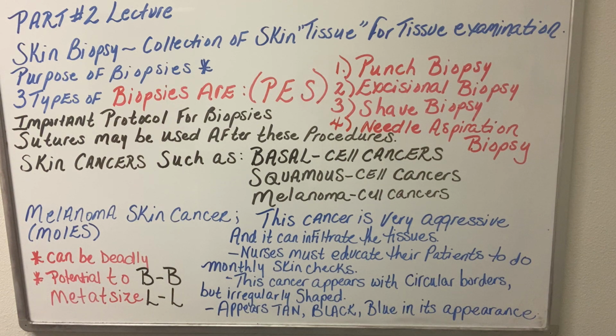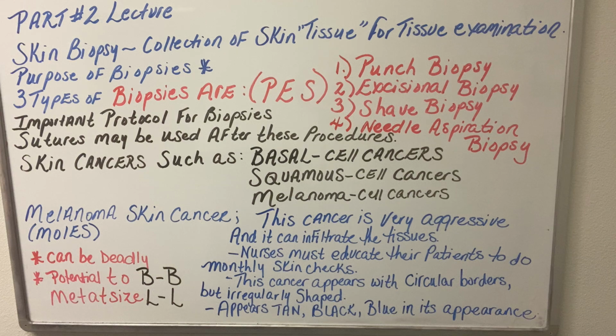Now, when you move into the next biopsy, that's called a shave biopsy. Shave biopsies are typically used when you have a lesion that's sitting directly on top of the skin. It's not penetrating into the skin layers. It lays on top, so they can take a device and completely shave that lesion off and, again, send it out for testing.